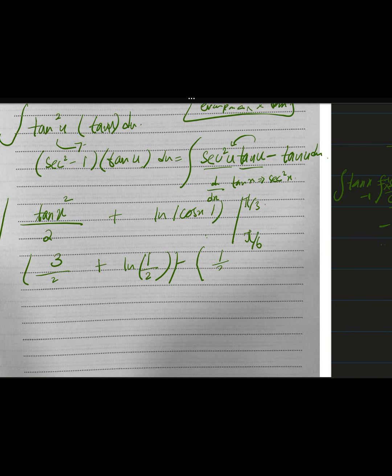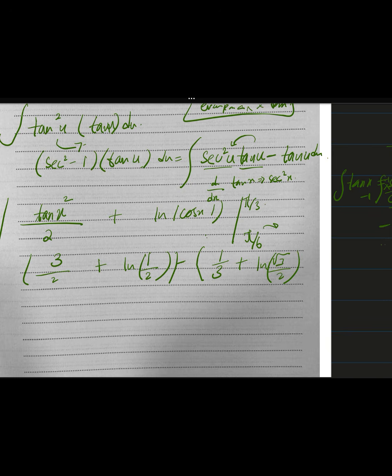So minus 1 over 3 plus ln cos of pi by 6, which is root 3 over 2. So plus ln of root 3 over 2.